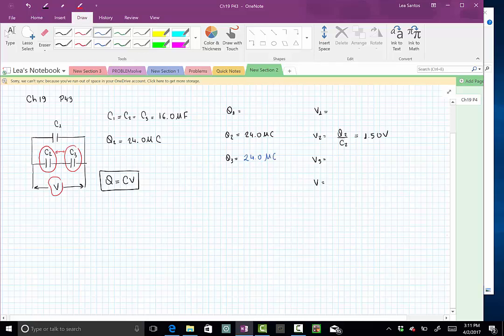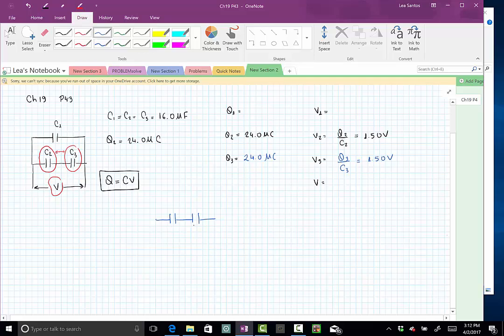And from that we can use the same expression, Q3 divided by C3, to find that V3 has the same potential difference, 1.50 volts. Now, the sum of these two voltages: let me put these two capacitors here.